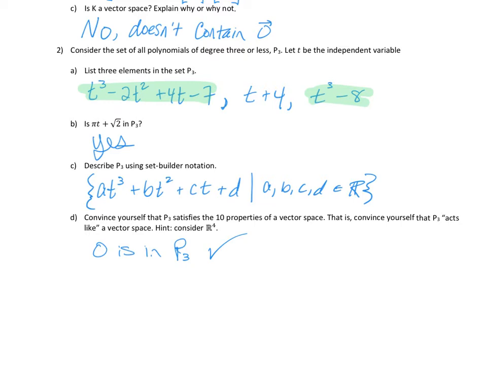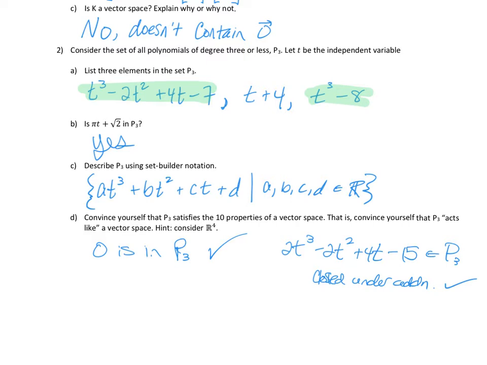This would be 2t cubed minus 2t squared plus 4t minus 15. Yep, that's another degree 3 or less polynomial. So this is closed under addition.